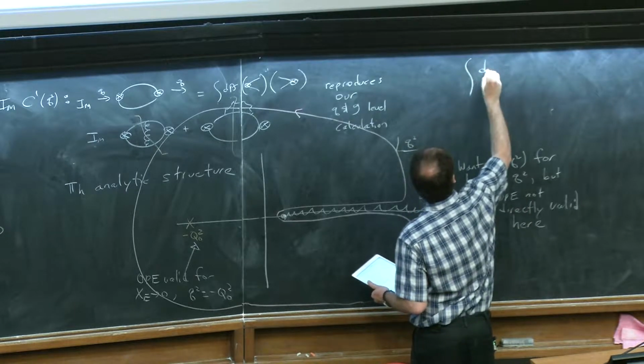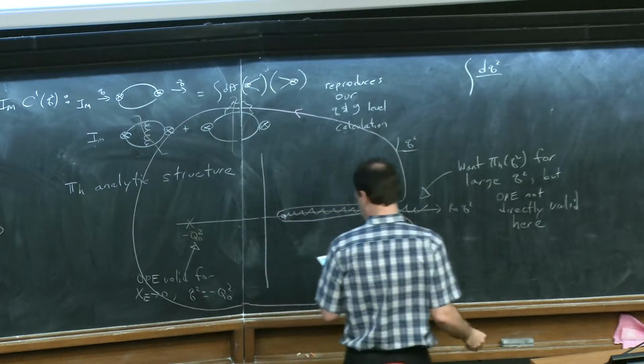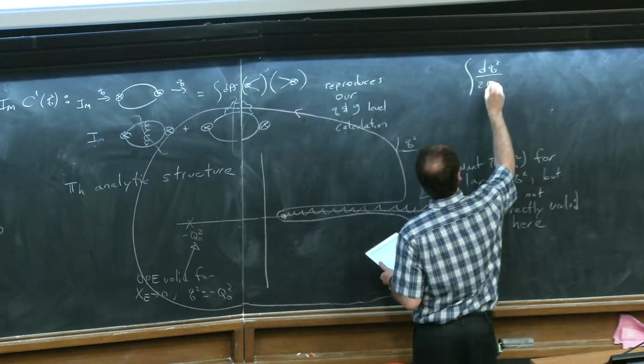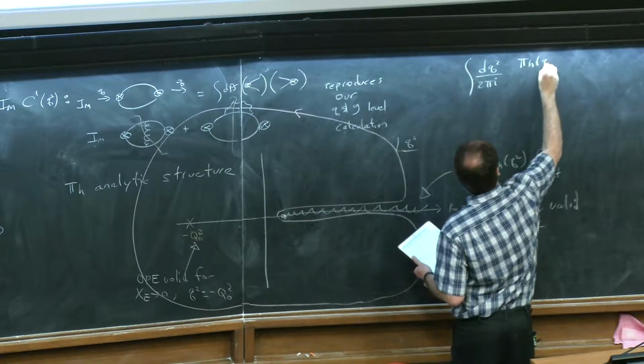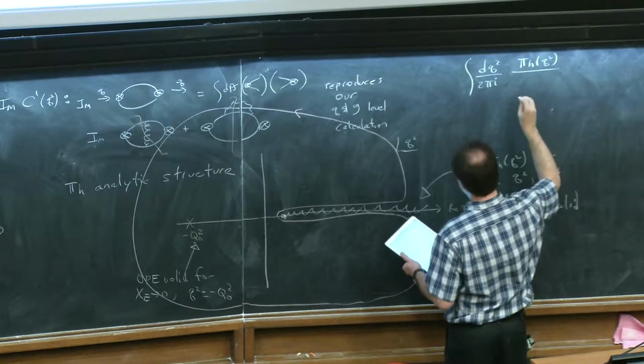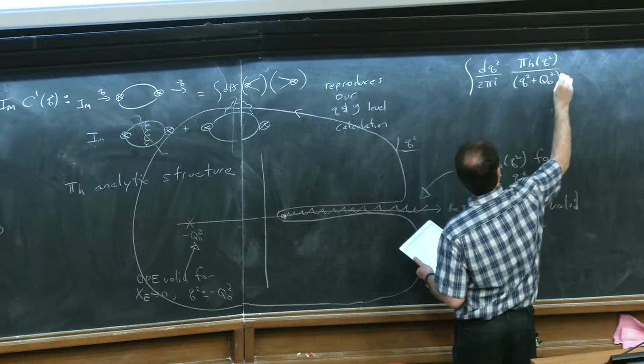Okay, well, to make things interesting and to introduce this point q0 squared, let me think about the following integral. It's not the unique thing that I could think about, but it's sort of the simplest thing that I can think about that converges at infinity and has all the properties that I want to look at.